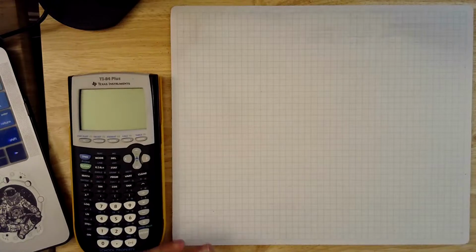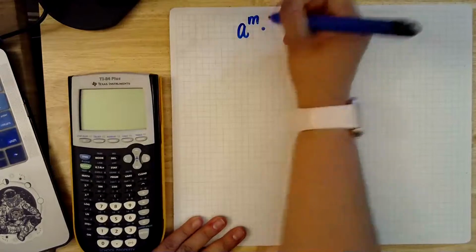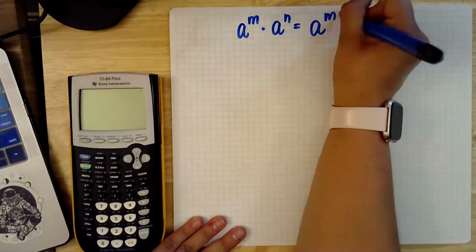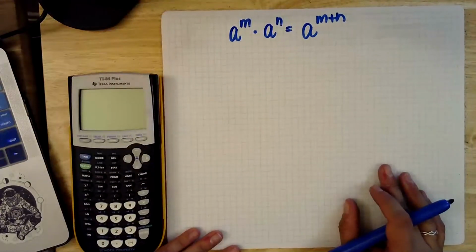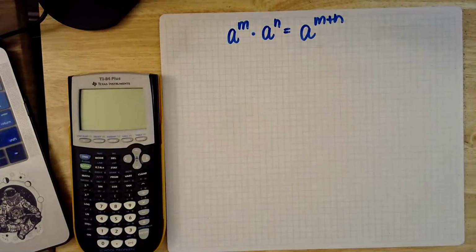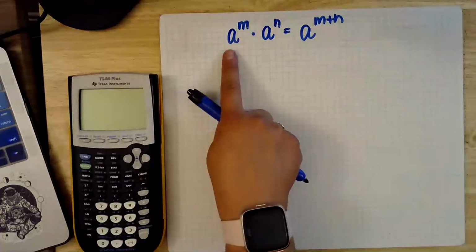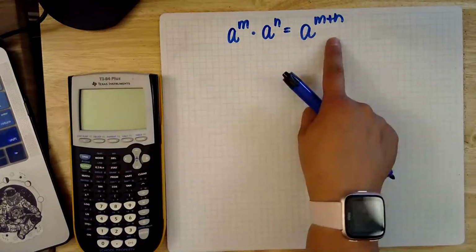Remember that multiply had the following: a to the m times a to the n gives me a to the m plus n. I'm going to prove this to you using substitution and basic knowledge of our logarithms. If I have an exponent and I multiply it by another exponent of the same base, then I simply add the powers.